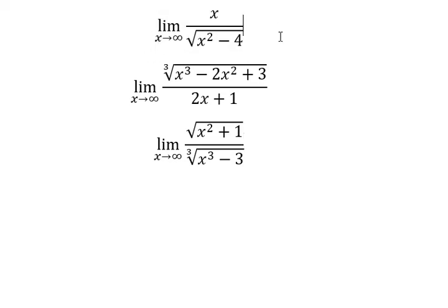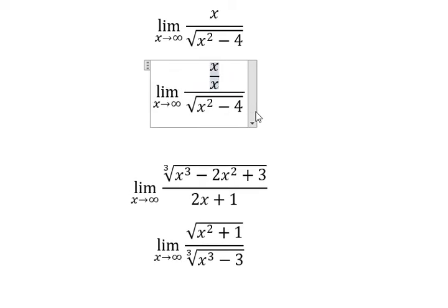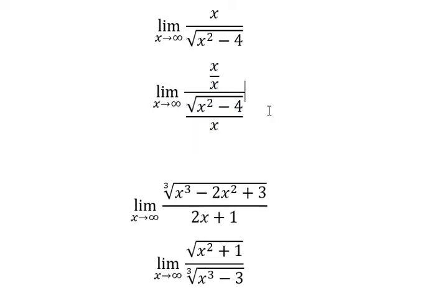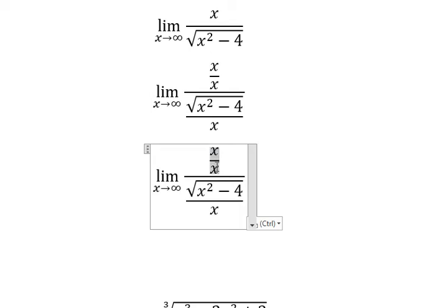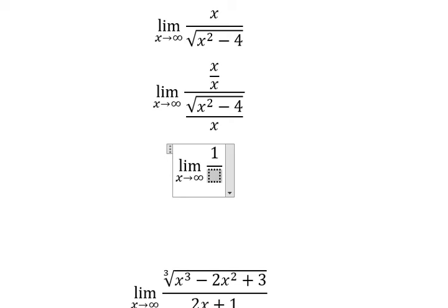For the first one, we need to divide by s on numerator and denominator. So this one you got about number 1. About this one, we can put s inside the square root, and we will have it like this.